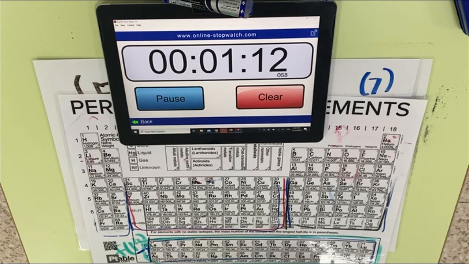Nitrogen is a pretty small and easy one, so we better do it right. Forty more seconds.